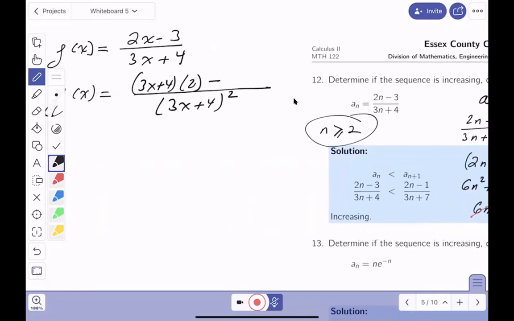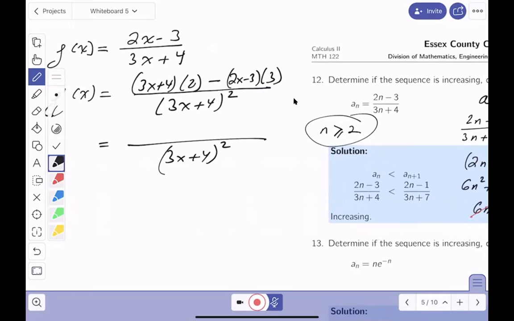Derivatives are used to determine if functions are increasing or decreasing and where they're doing that. All right, what do you get over here? Well, 2x minus 3 over 3x plus 4 squared. What do you get on top? We get 6x minus 6x.